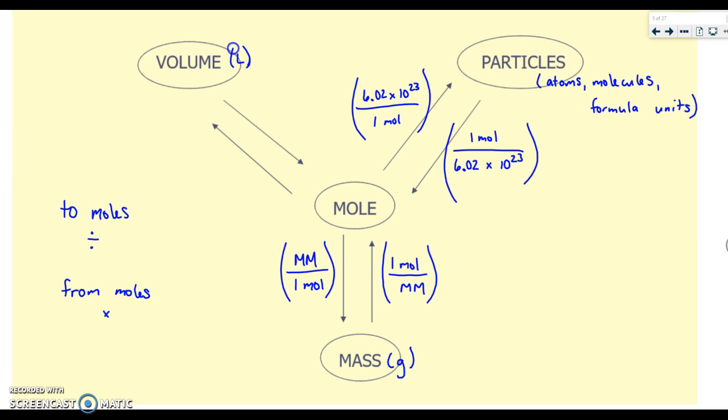But for now, when you're going to moles, you're going to be dividing by the constant number 22.4 liters. If you're going away from moles, you'll be multiplying. You will need to keep this handy as we're going through and solving these mathematical problems, as we'll be referring to it. Let's use these conversion factors.